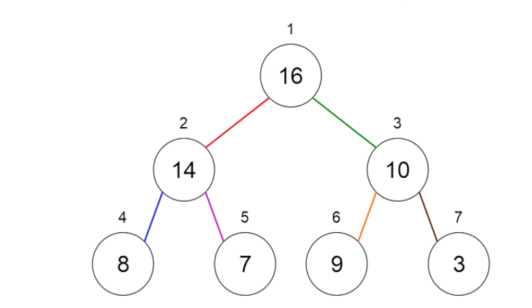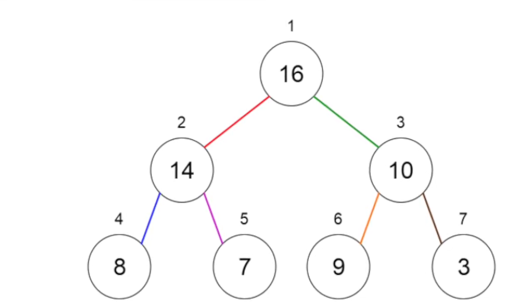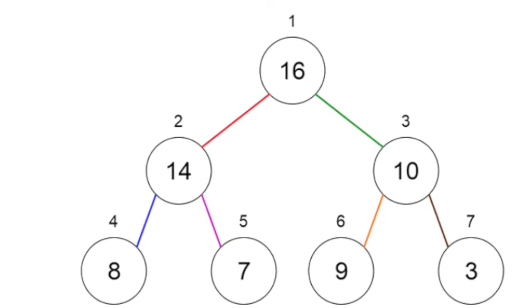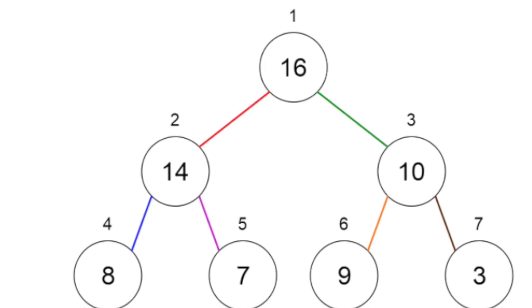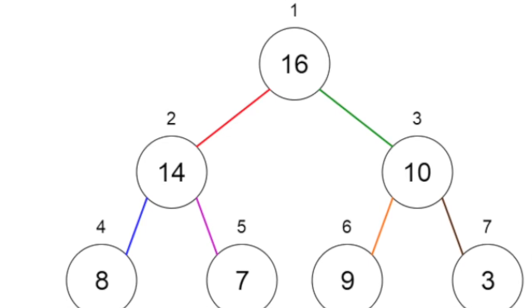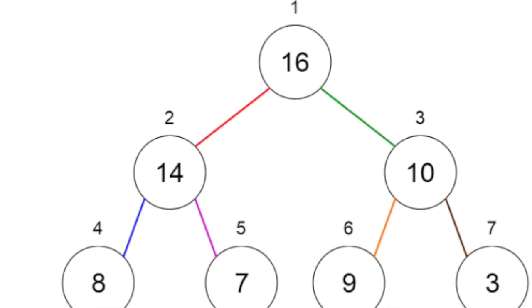And speaking of heaps, it's also our seventh data structure we are going to be talking about today. A heap is a special case of binary tree where values are arranged based on the comparison between parent and children nodes. Heaps can be represented by both trees and arrays, and there are two types.